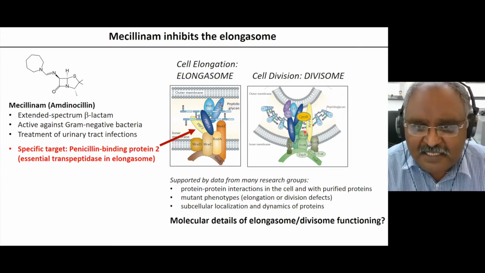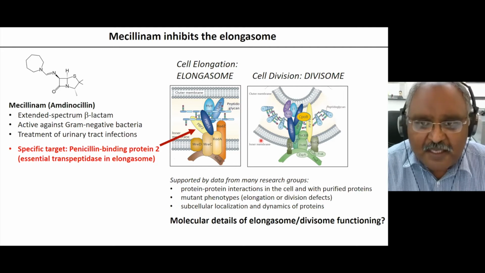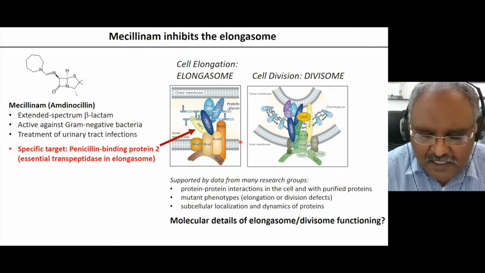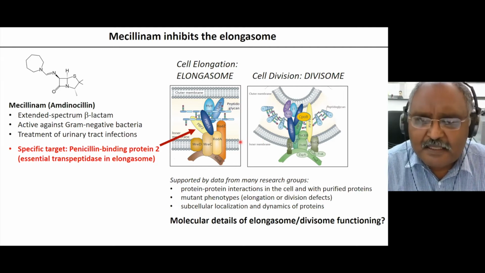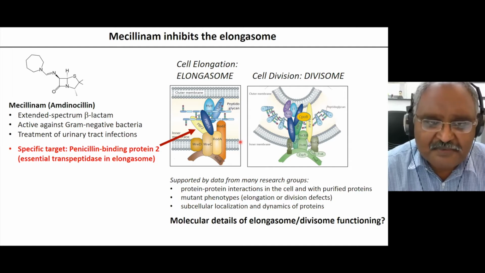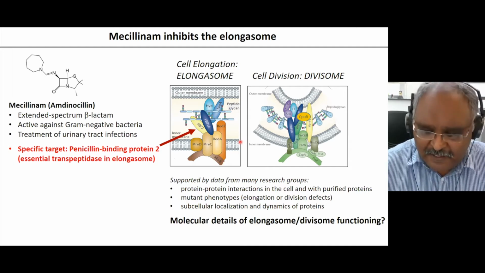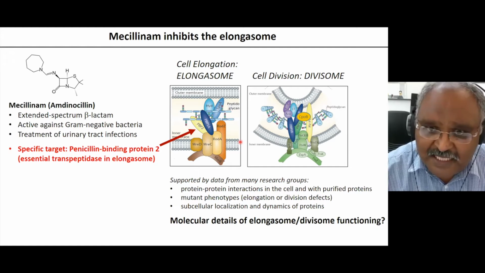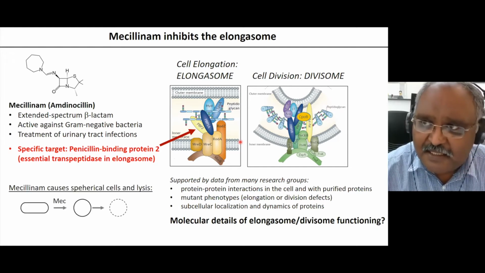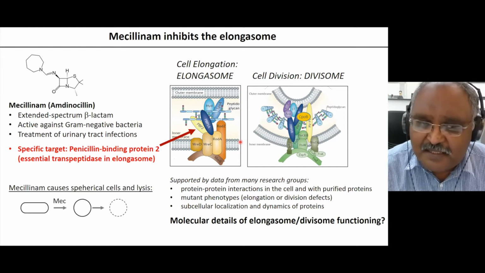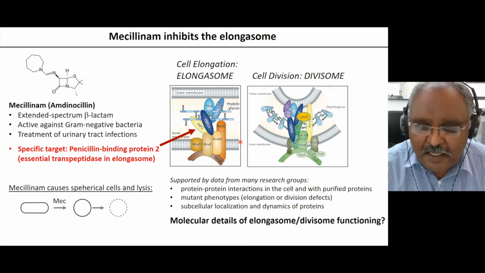But mecillinam targets only PBP2 of E. coli. Mecillinam is also used for treatment of urinary tract infections and is clinically relevant. Once PBP2 is inactivated, the bacteria turn into spheres, divide for a few generations, and will ultimately lyse.